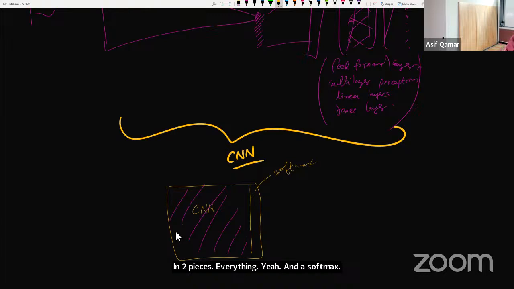You show it a picture of a cat, and then it makes a probability of cat given input x, and all the weights and biases that are here. Let me just write it as theta, the parameters. Ultimately, this big architecture is a box of parameters laid out properly, isn't it?